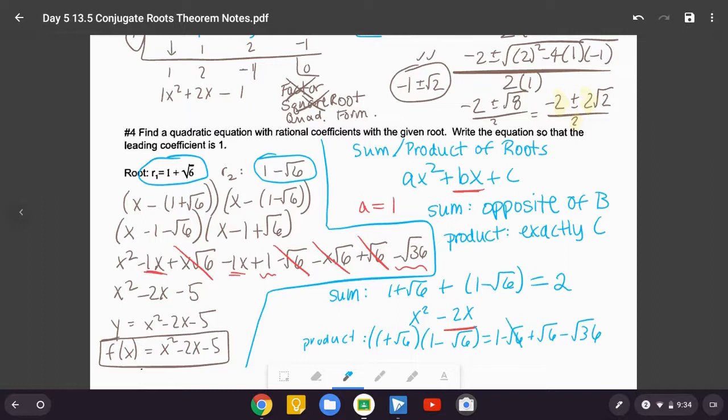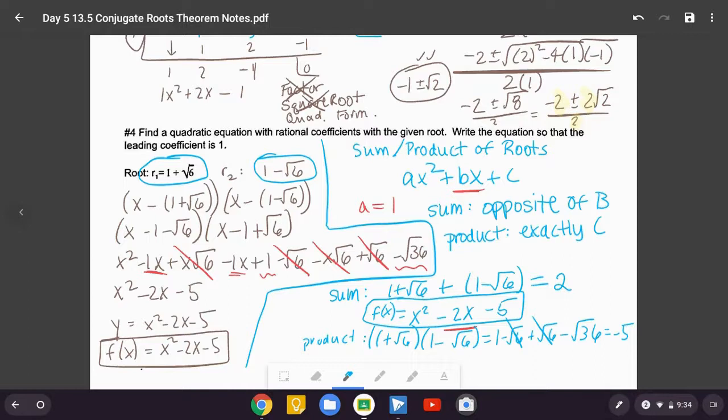And my negative root 6 and positive root 6 cancel, and I have 1 minus 6, which is negative 5. So that tells me what c should be. So now I know that this should be minus 5. All right, and then I'm just going to put in f of x or y equals, and that provides me with my quadratic. So that is possibly a shorter method.